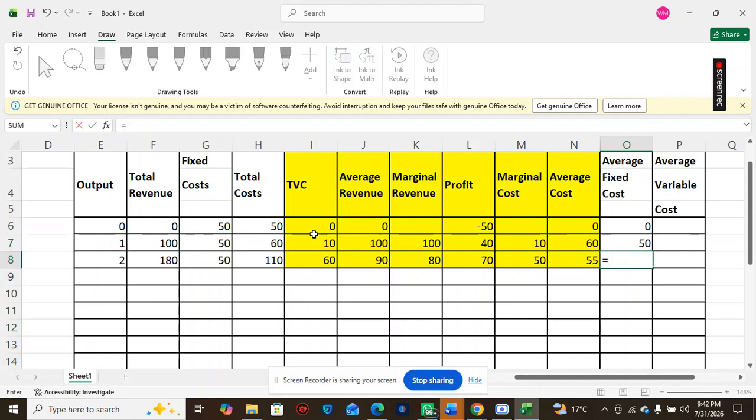When we produce 2 units, our fixed cost is still 50 kwacha, but what you'll notice with average fixed costs is that the more units you produce, they're going to start dropping. This is what we call the economies of scale. The more you produce, your average fixed cost starts dropping.